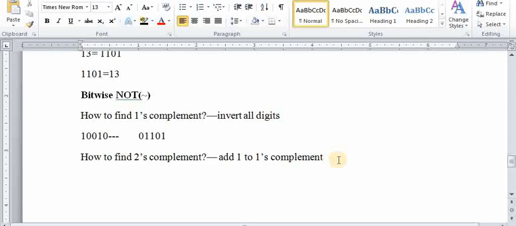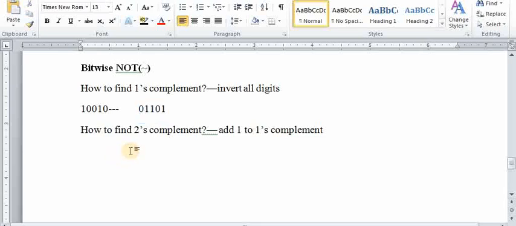I have this number in the form of one's complement, 01101, and you have to add 1. You know how to add binary numbers.